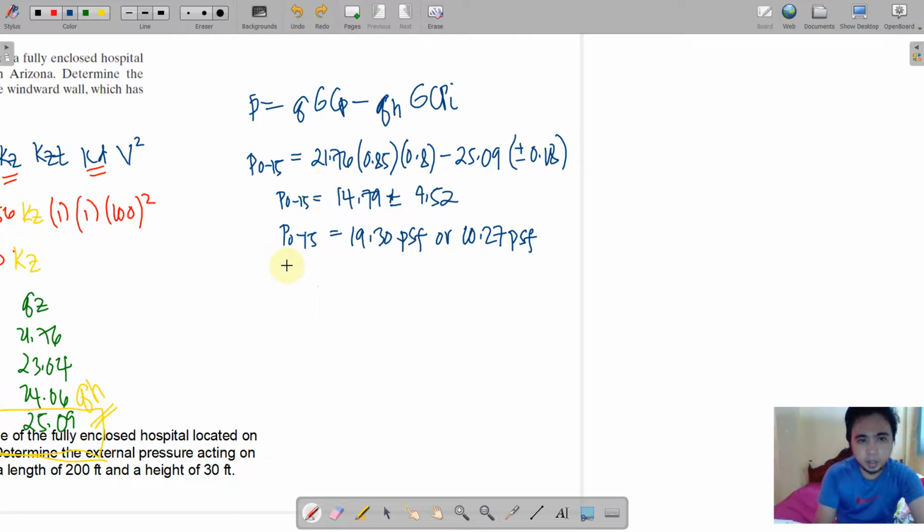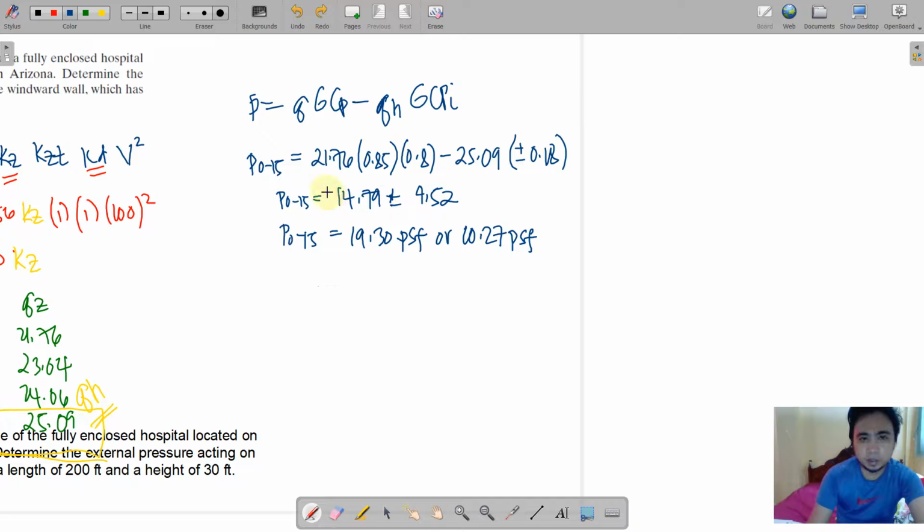We have P 0 to 15, 14.79 plus or minus 4.52. So we have an upper limit and a lower limit here because if we employ plus here, this will combine to 19.3. And if we employ negative here, we have 10.27 PSF. So all positive. All positive means patulak yan.